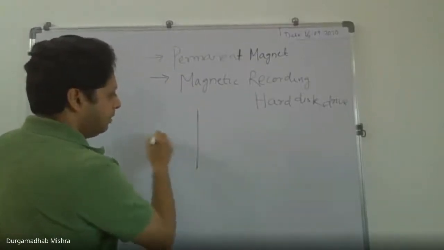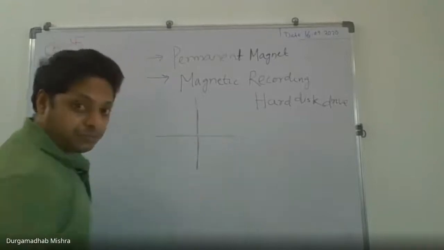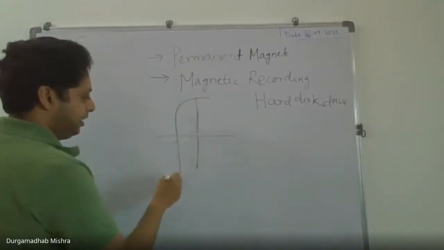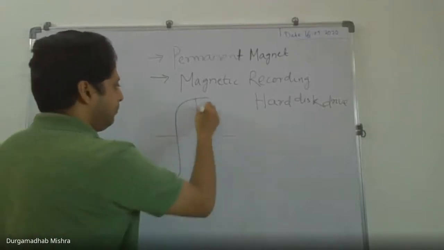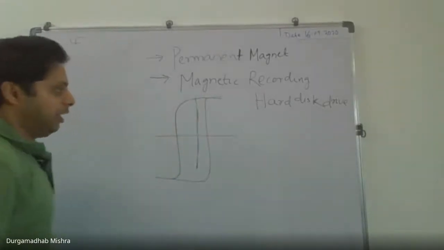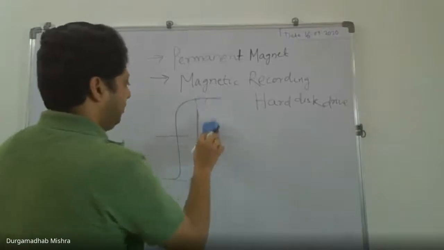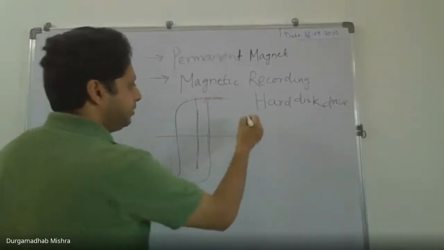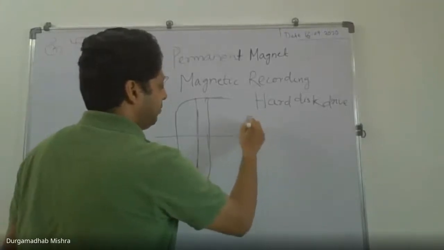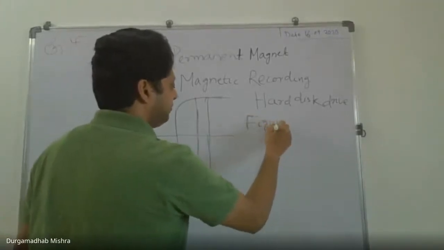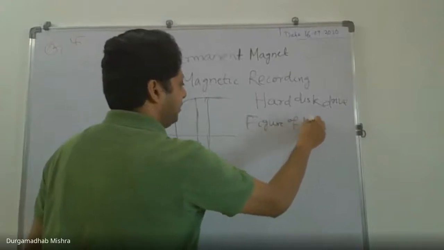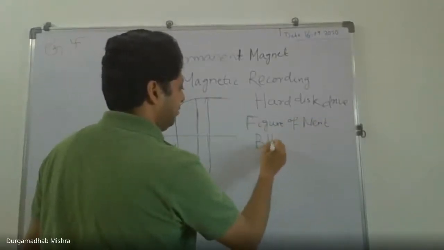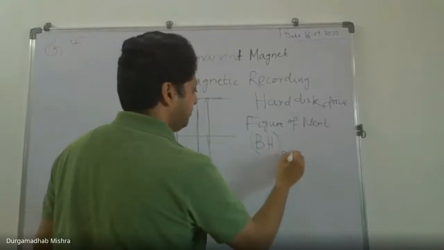If you remember, for the permanent magnets, let's say this is the hysteresis loop. I told you about a figure of merit, that is known as BH max.